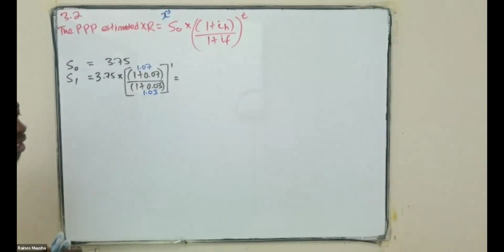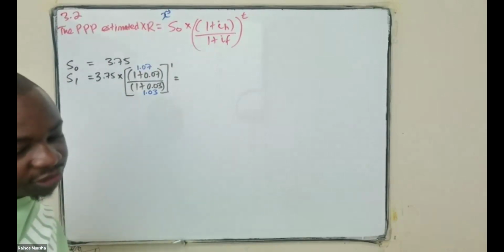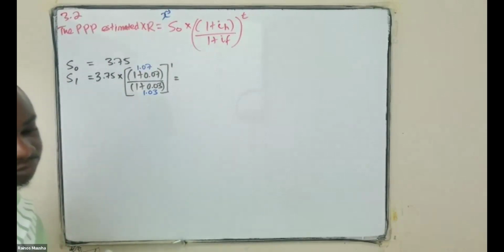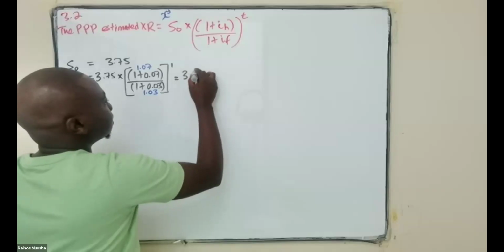So how much do you get as the exchange rate in the first year? 3.90.